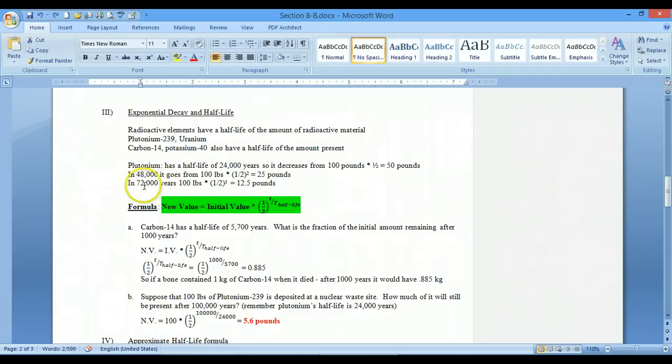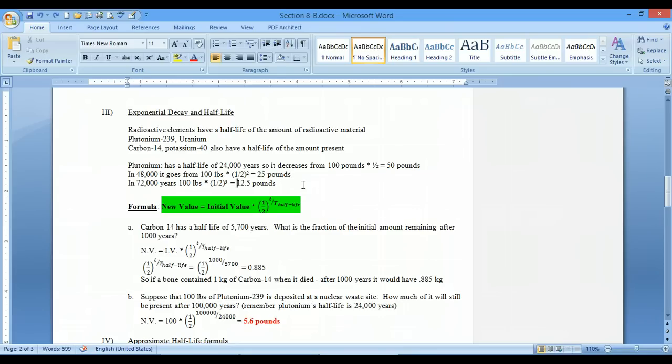In another 24,000 years, or in this case 72,000 years, it goes from 100 pounds times 1/2 times 1/2 times 1/2, because it's 3 half-lives. I have 24 times 3, 3 half-lives. 1/2 times 1/2 times 1/2, or 1/2 cubed, is 12.5 pounds, which leads us to our next formula.